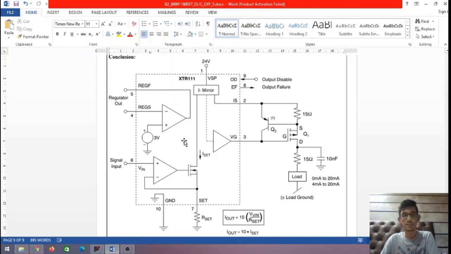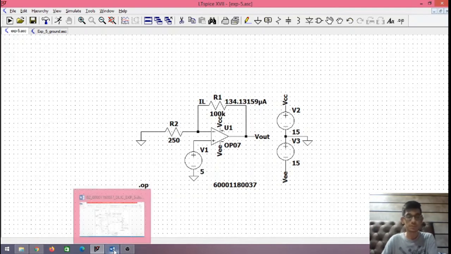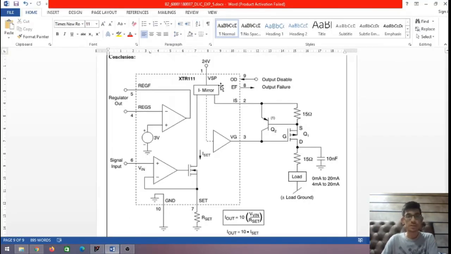This is its internal diagram. As we saw previously, having any resistance in the circuit may cause the output current to depend on RL and R. Here we can see that there are no resistors used in the internal diagram.